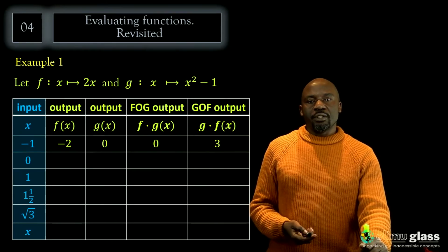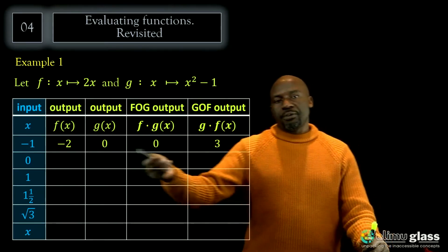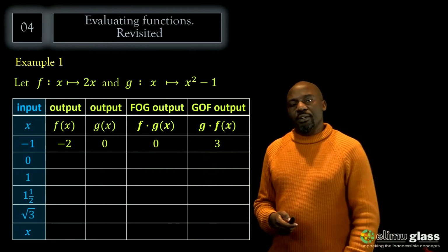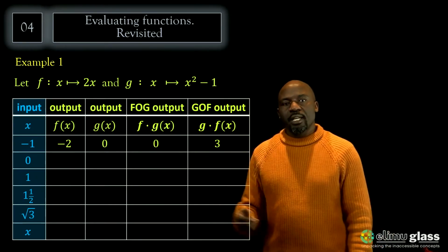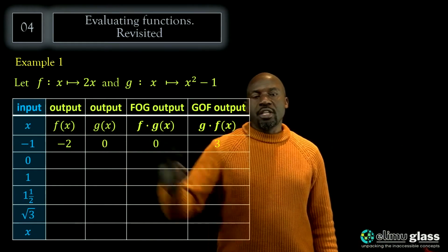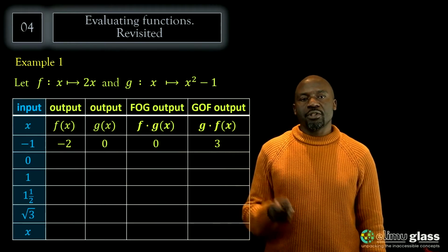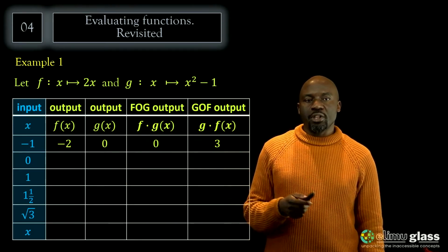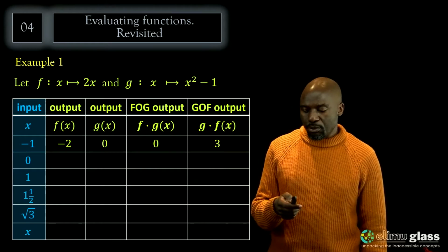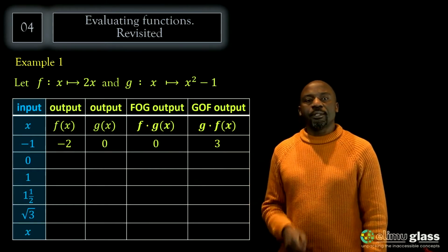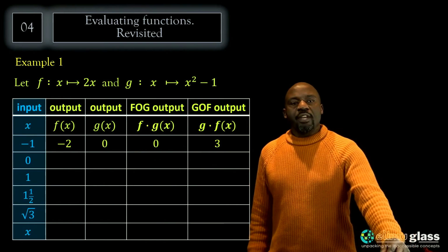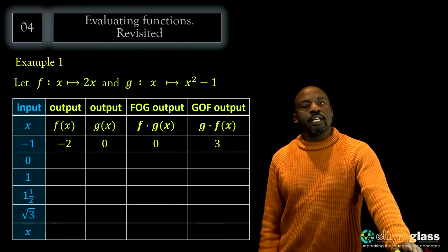So pause the video and try to fill up this table with the values of the functions f and g, and with the composite functions f of g and g of f. Just pause the video and try to fill that table, and then check your answers with what I'm going to put here.